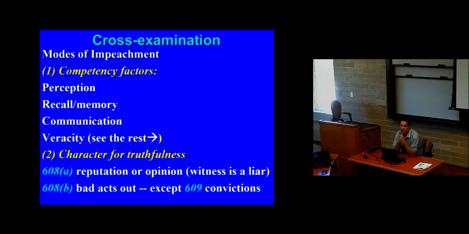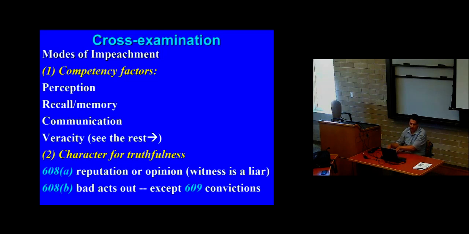You cannot do it through specific instances of conduct. So any specific instance of conduct, hey, I'm going to show that this guy is a liar because he lied on his driver's license application. No extrinsic evidence of that. That's a specific instance of conduct. The one time that the specific instance of conduct is allowed, where there's extrinsic evidence of it, is if it's a former conviction, and then you have to go into Rule 609 and see if that former conviction qualifies.